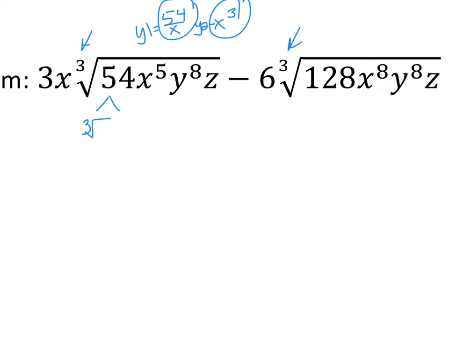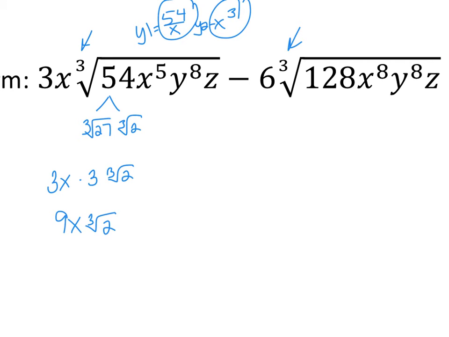So 54 breaks up into 27, I believe, and 2. Good. And let's just clean this up. 3x, this will become cube root of 27 is 3, and then the cube root of 2. So that's taken care of right now. This will be 9x cube root of 2.